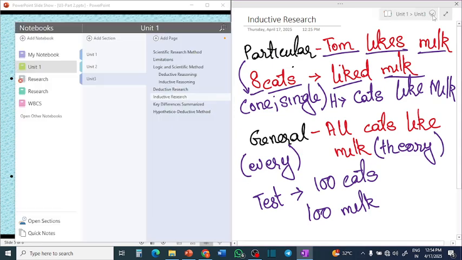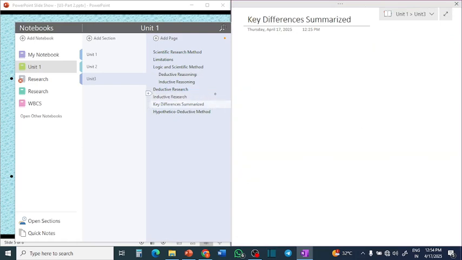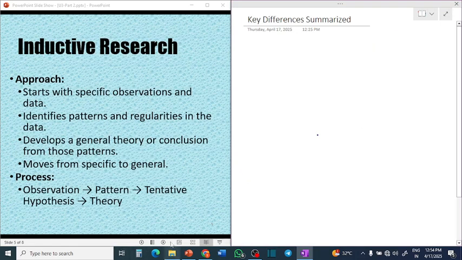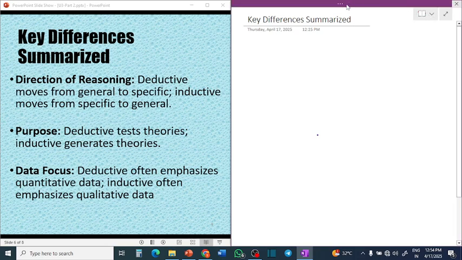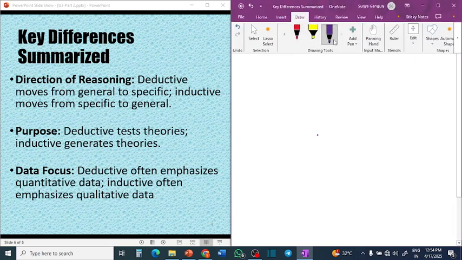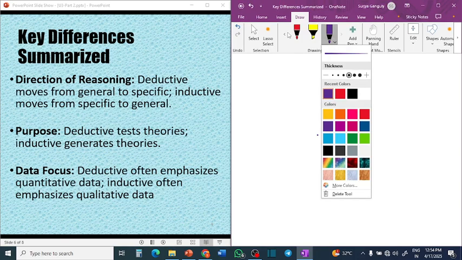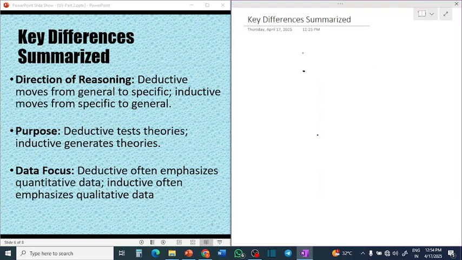Now, in short, when it comes to the exam, you have to memorize the key differences. So we will study the key differences over here. First is the direction of reasoning. This is inductive, this is deductive.